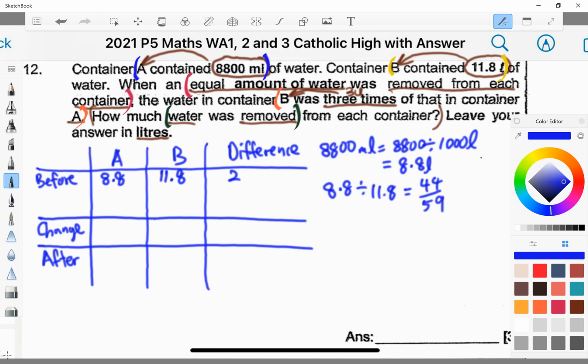Yes, 44 out of 59. So I have this thing called 44 units, followed by 59 units. And it seems that there's a difference of 15 units.